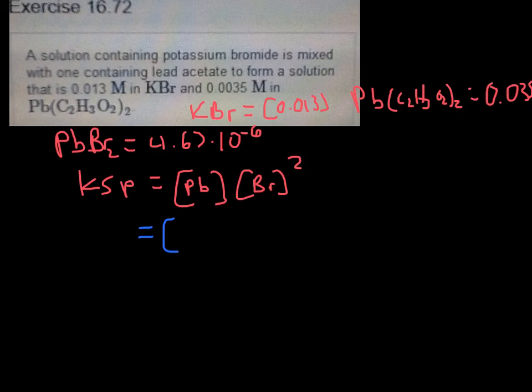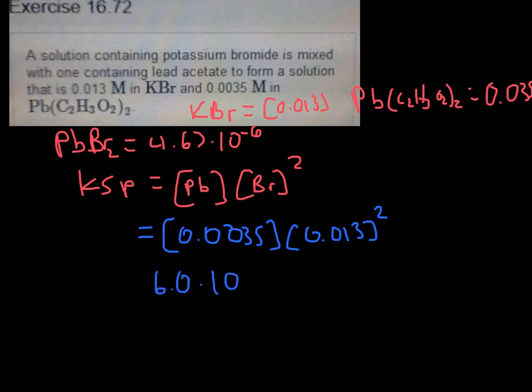We get Q, which will equal 0.0035 multiplied by 0.013 squared. Now when you do this out, I got a value of approximately 6.0 times 10 to the minus 7.